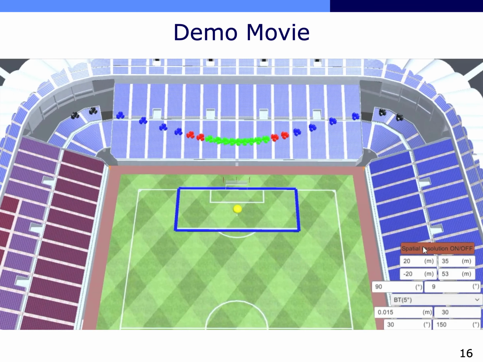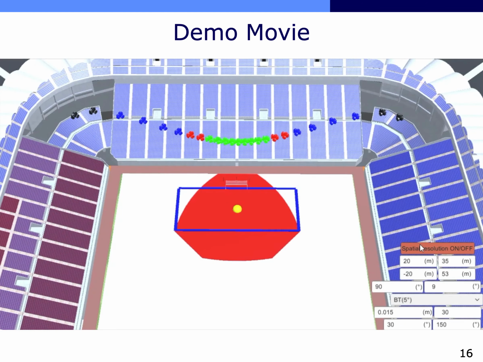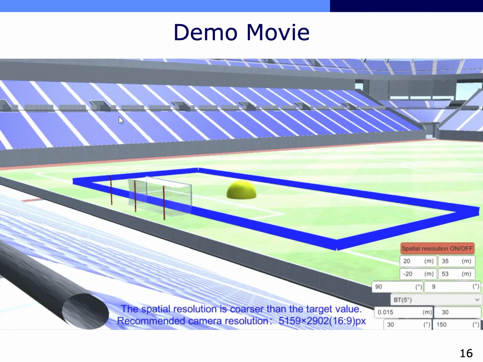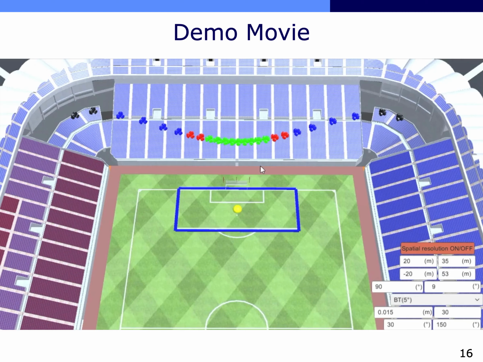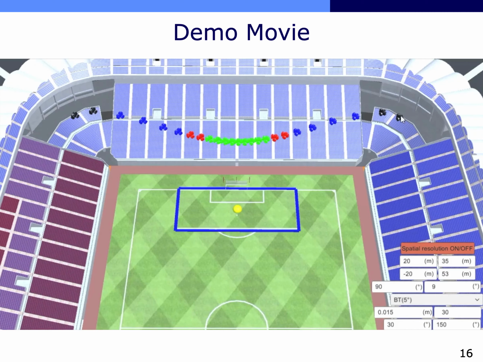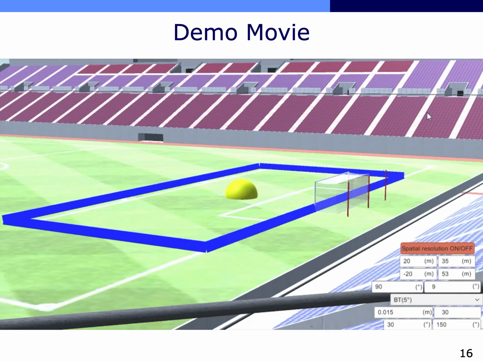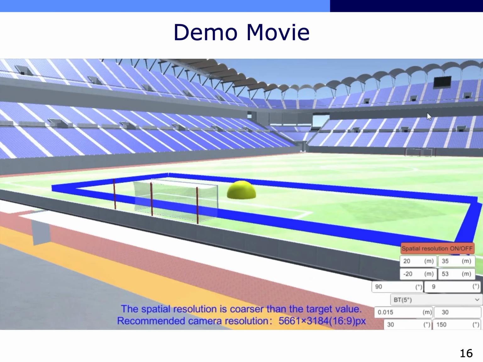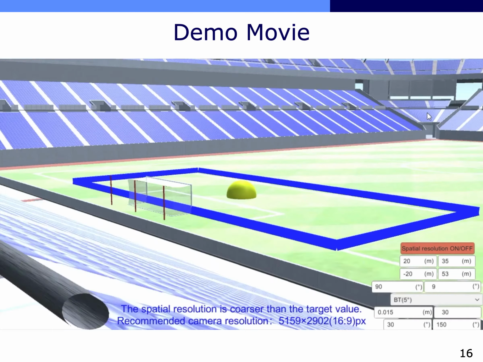Clicking on this red-colored button, we can switch to the spatial resolution indicating mode. Clicking on a camera, you can confirm the image captured by each camera. You can also switch the view to the camera next to it by using a keyboard or similar devices.